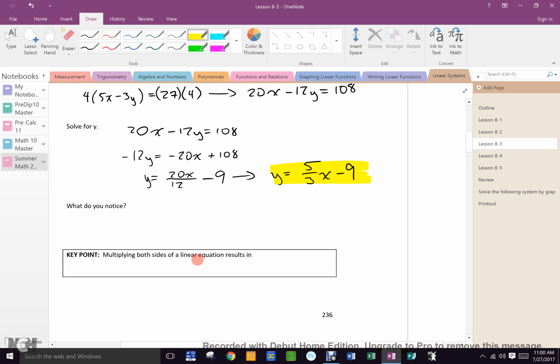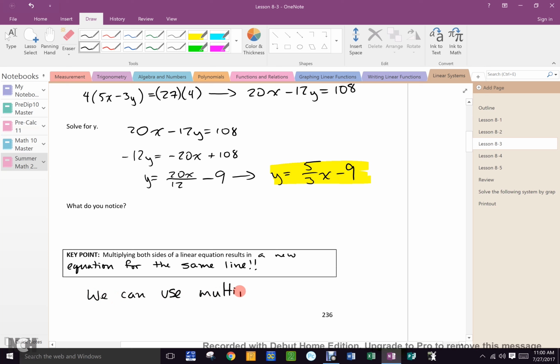Multiplying both sides of a linear equation results in a new equation for the same line. Does everybody understand? What does that mean for us? That means we can use multiplying.